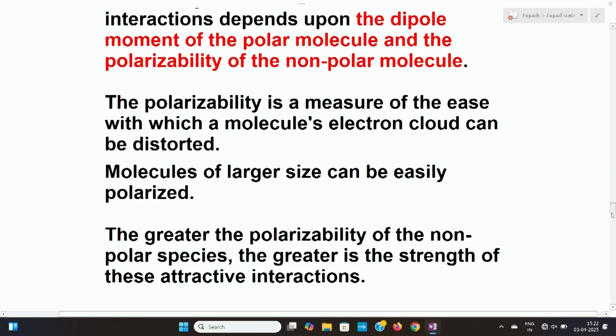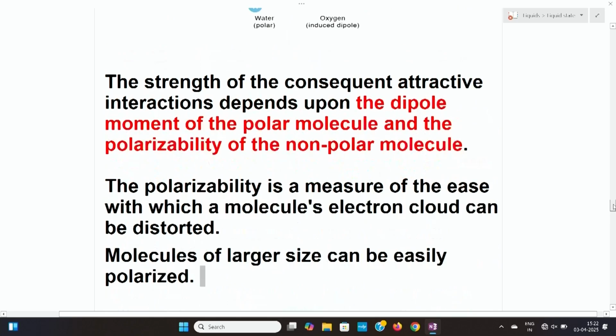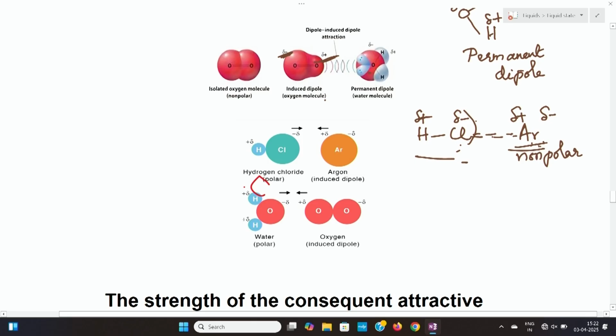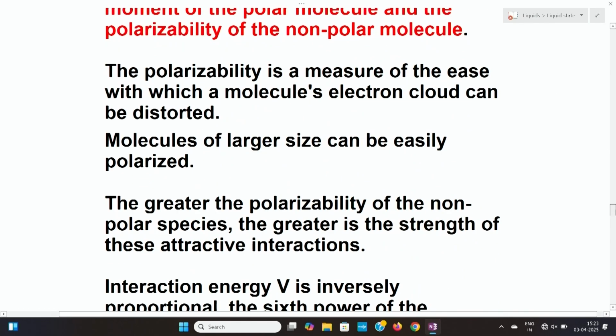Then the next thing is that if the nonpolar molecule which we take is large, then there will be an easiness to distort the electron cloud of the argon. If it is easy to distort the electron cloud of the argon, then it can become an induced dipole molecule that fast. Therefore, there will be an induced dipole interaction very fast.